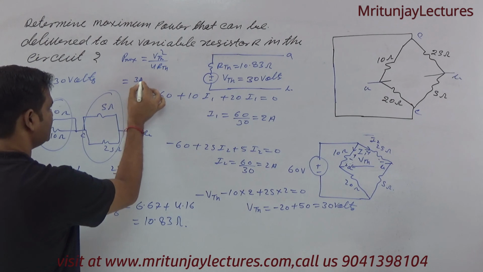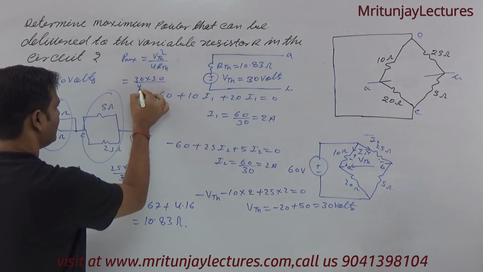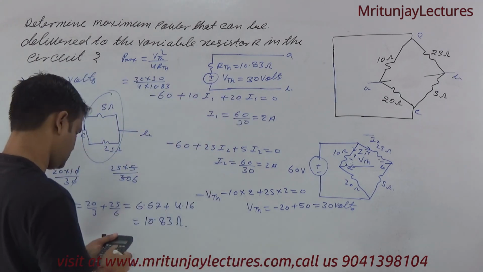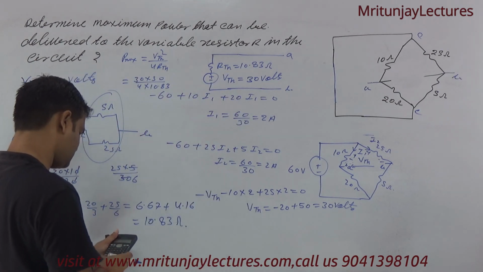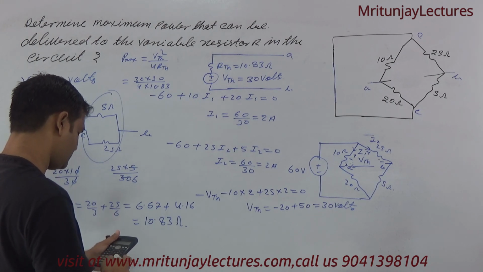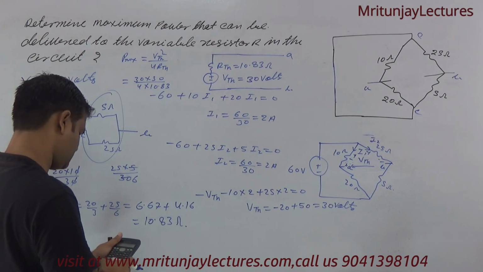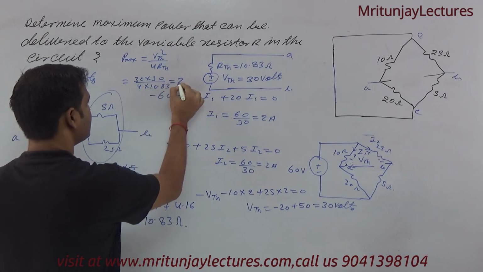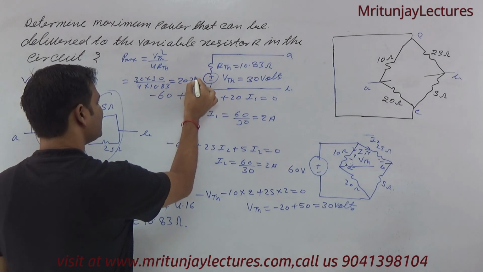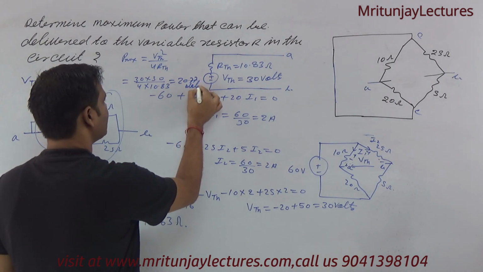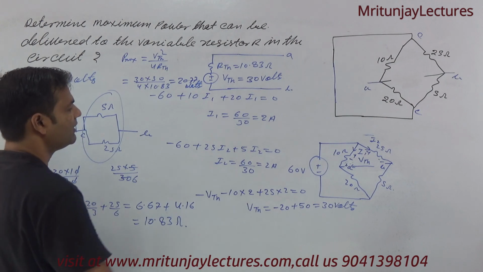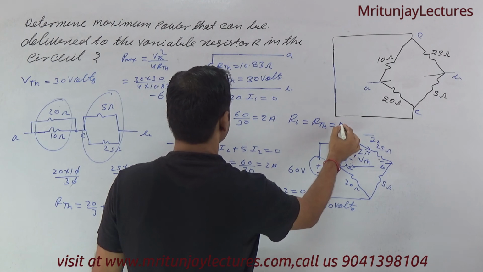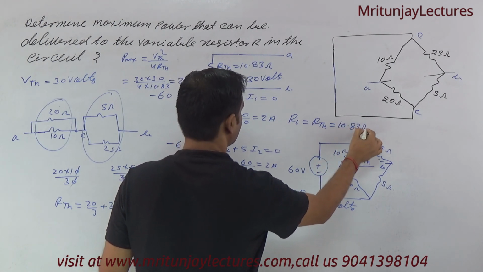So 30 into 30 divided by 4 into 10.83 gives 20.77 watt, which is the final answer. And what about RL corresponding to maximum power? That is 10.83 ohm.